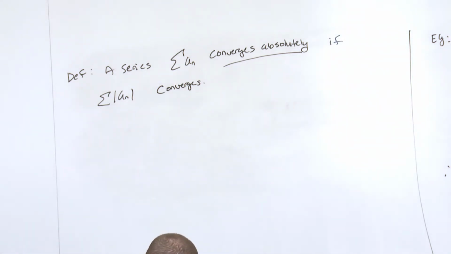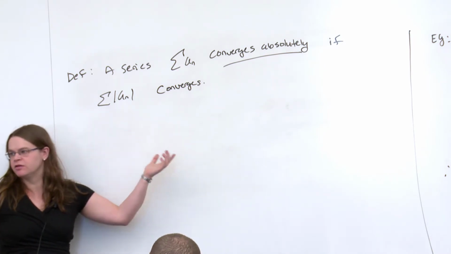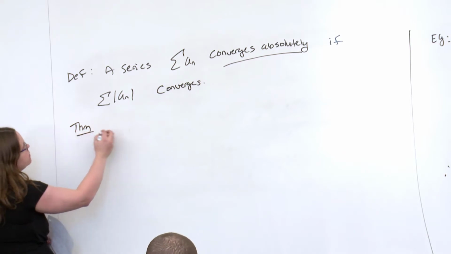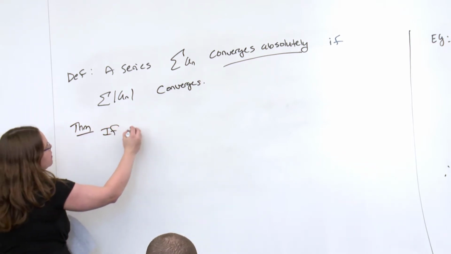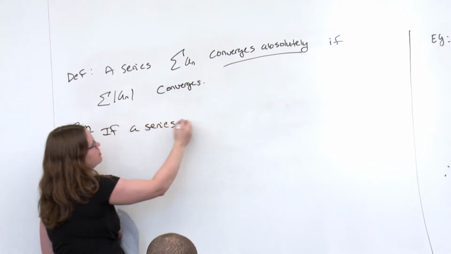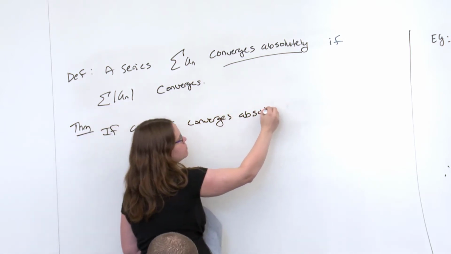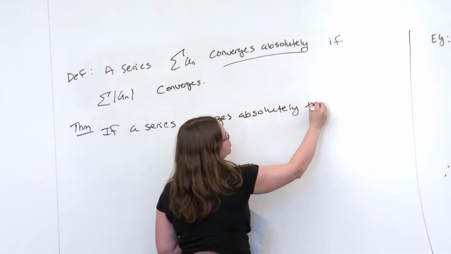Just like with the integral test, or with improper integrals, if you have absolute convergence, you automatically get convergence of your original series. So that's a theorem. If a series converges absolutely, then it converges.